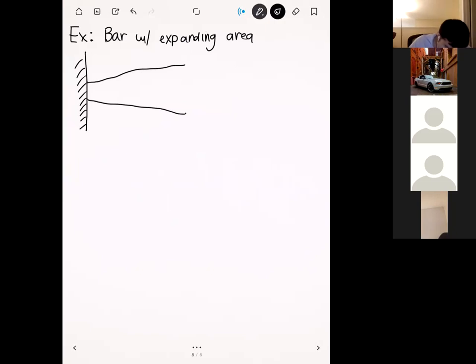Okay. And so at the left side of this bar, it's attached to a wall. And so over here, we can say we have a fixed support. Okay. And then on the right-hand side, we're going to have a compressive load of -5 pascals.